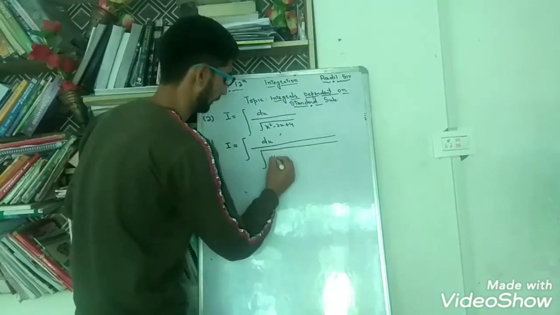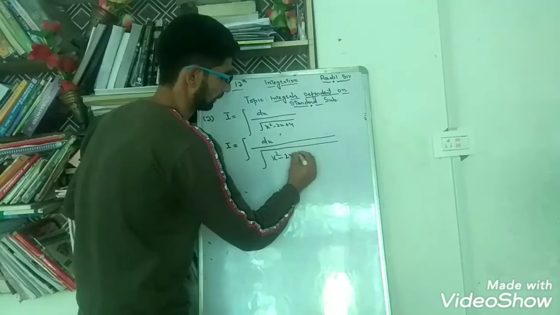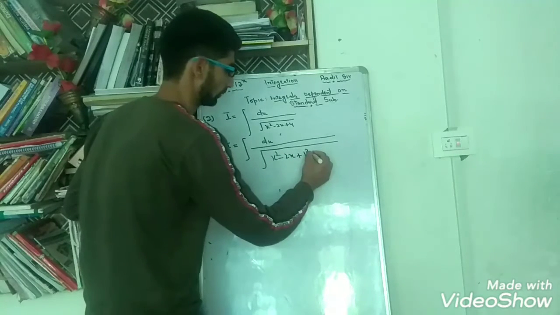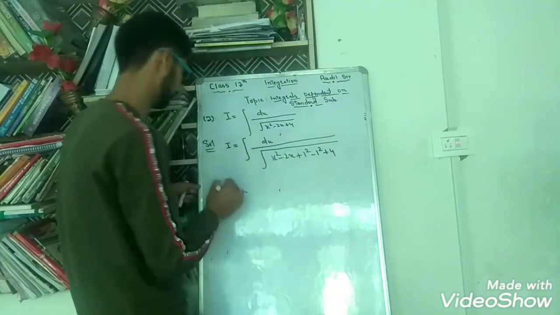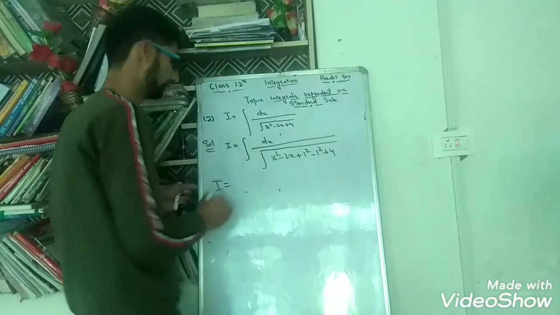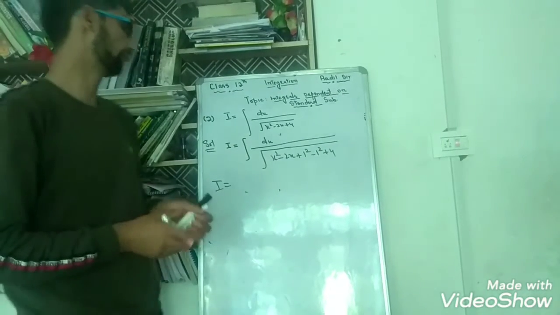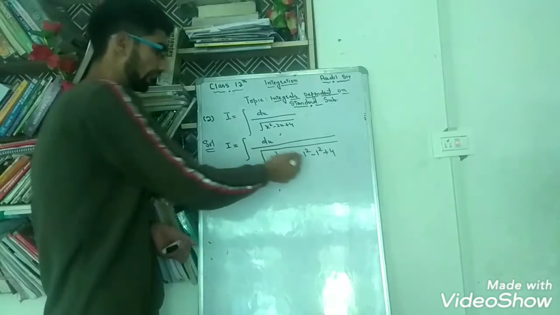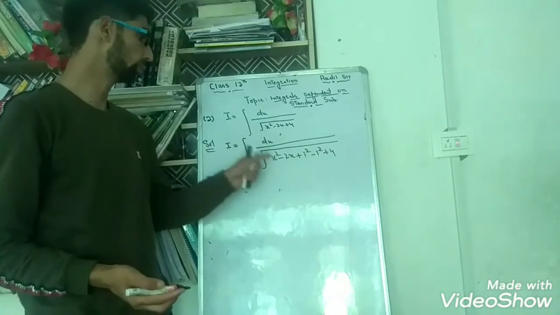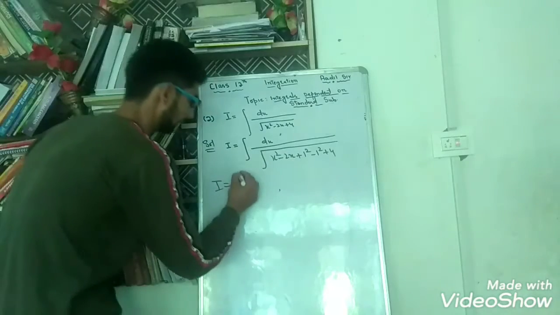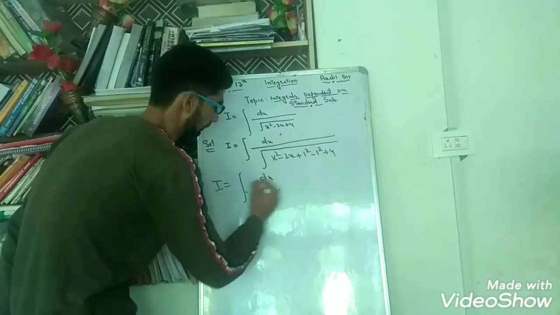So here it will be x square minus 2x plus 1 square we have to add, as well as subtract, plus 4. And in the final step we are making this expression the sum or difference of two squares. So here it will be, beta, dx.